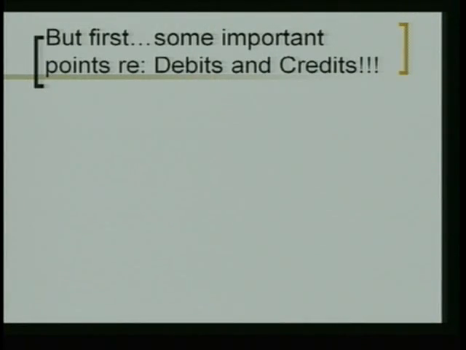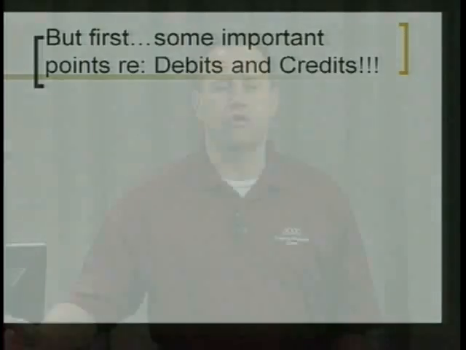I have just introduced these new terms, debits and credits, and I want to make some big cautions to you, and please take heed here. The way your brain works is whenever it learns a new term or you're trying to learn something, you go out in your brain and you try to find something that you already understand and kind of link it up. This is the way your brain biologically works, okay?